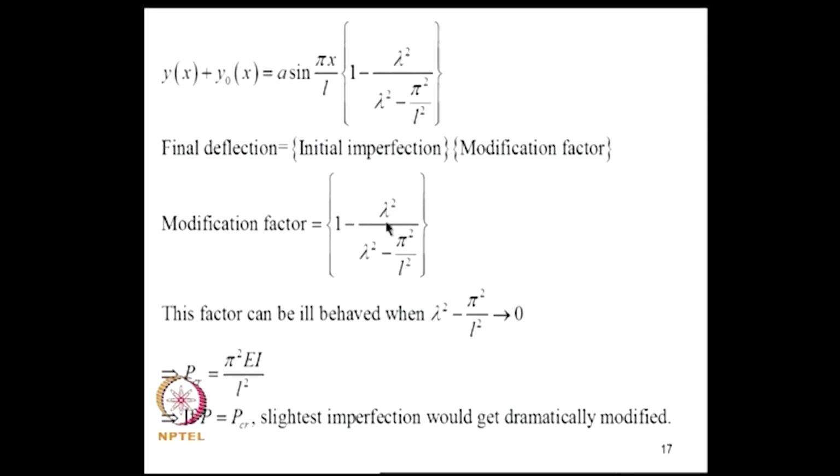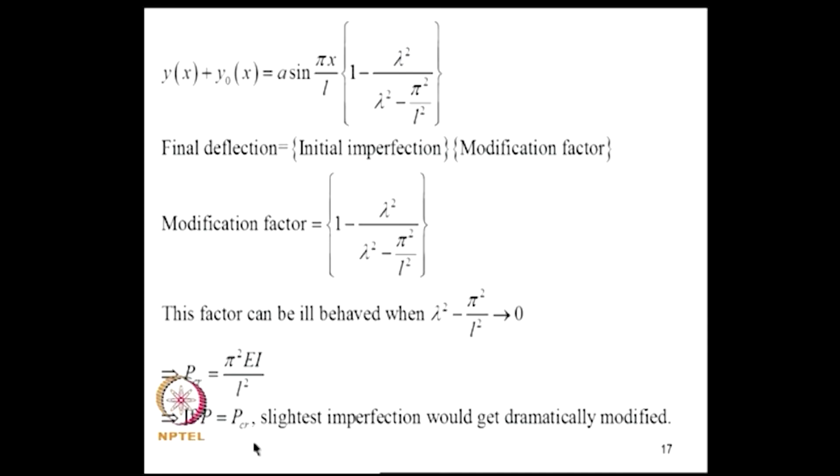Now, lambda square we know is P by EI, and we can substitute that, and a critical condition will occur when lambda square goes to pi square by L square. If this goes to 0, then this modification factor becomes unbounded, and this condition will be satisfied when P is P critical, which is the Euler buckling load for the beam.